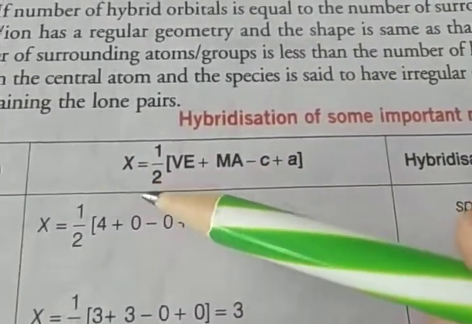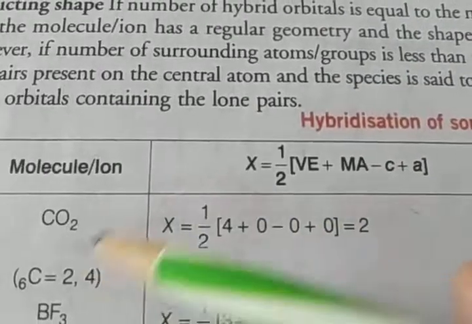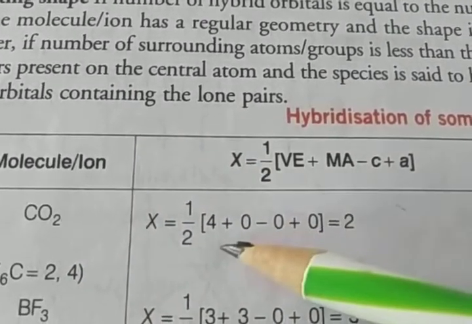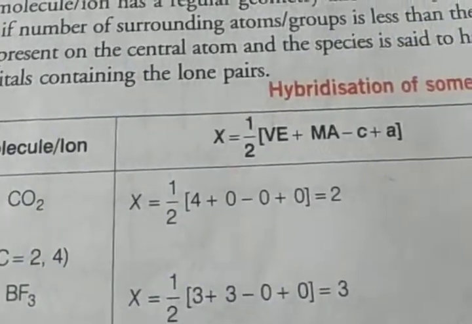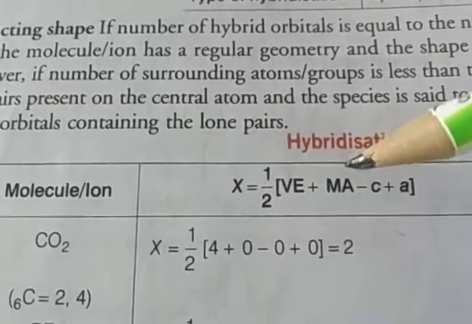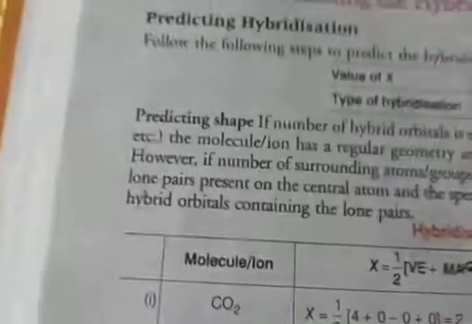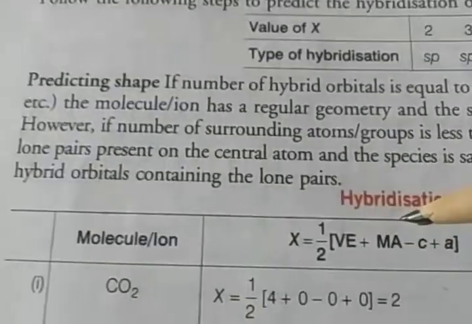X is equal to half of VE, the valence electrons, plus MA minus C plus A. MA means the number of monovalent atoms attached, like hydrogen, which is monovalent; we write how many are attached.